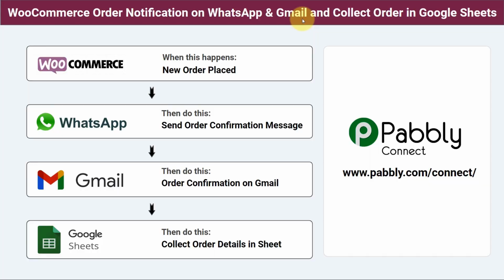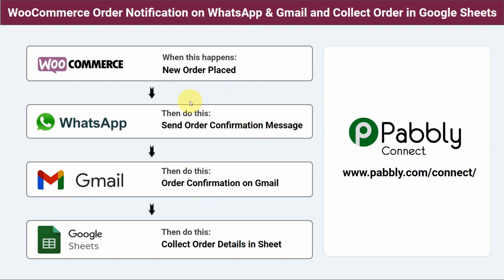So let's start. Hello everyone, I am Sonam from the Pabbly team, and this video is going to be very interesting for all the e-commerce store owners, because here I am going to tell you how you can automatically send order notifications on WhatsApp and Gmail, and also collect the order details in Google Sheets.